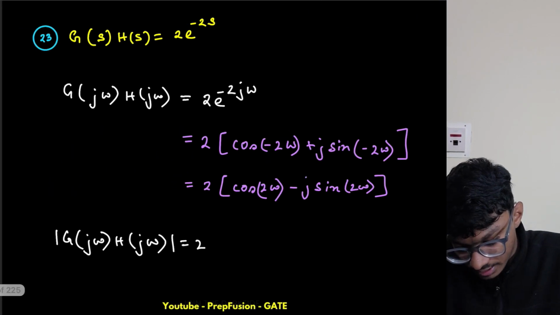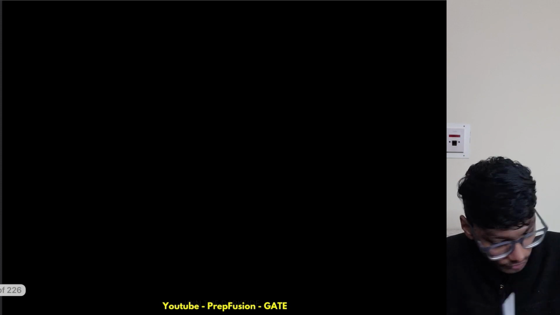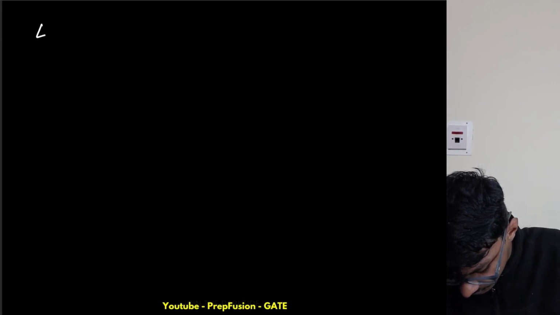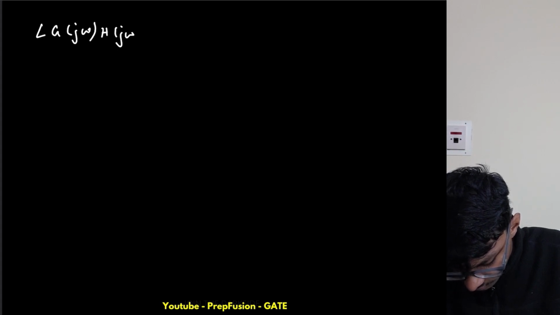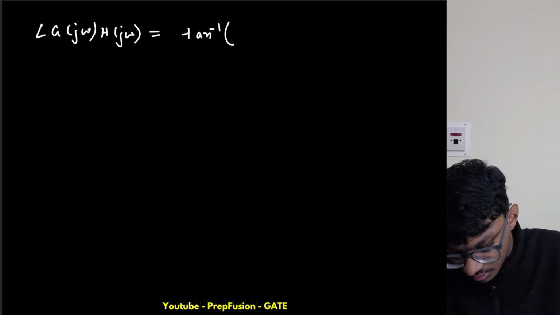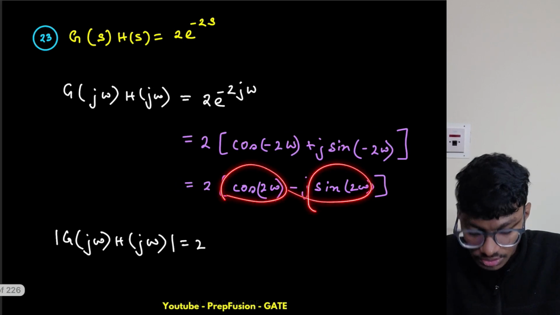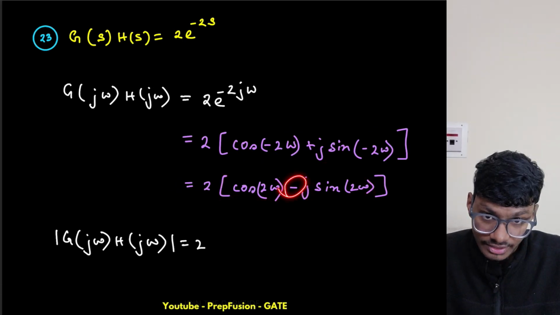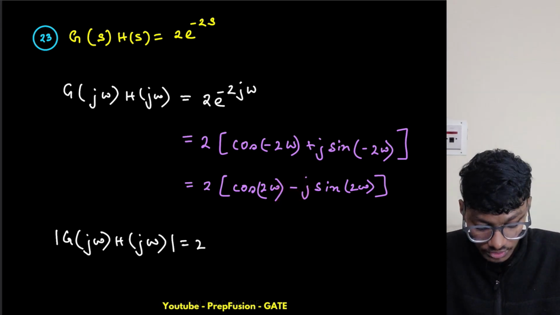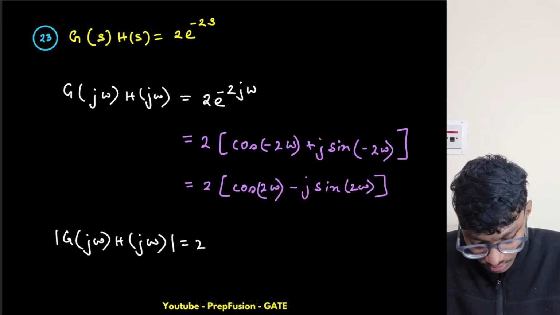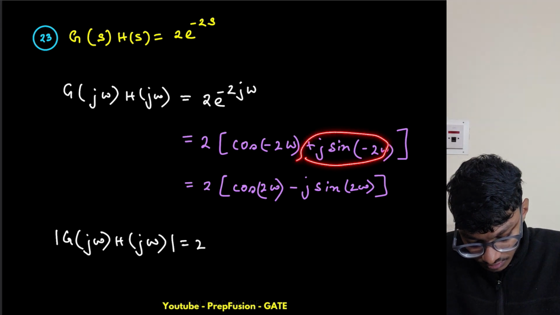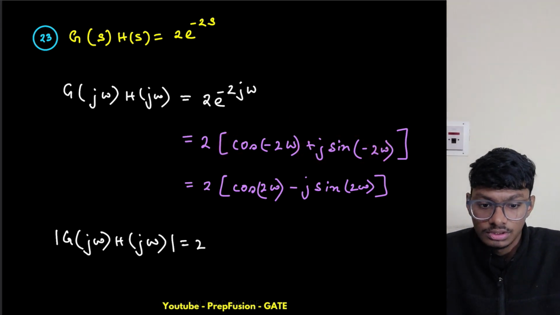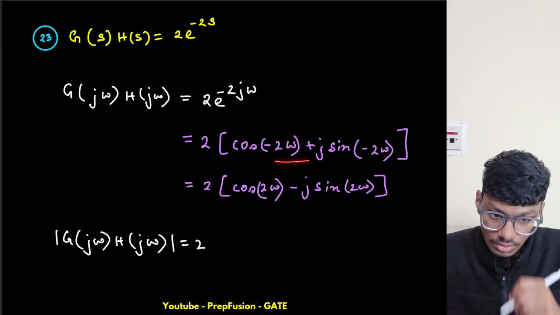Now what about my angle? The angle of g j omega is simply tan inverse y upon x, the imaginary component upon the real component, and as it is in the negative, what will happen? I can replace it like this also, so that no confusion occurs.